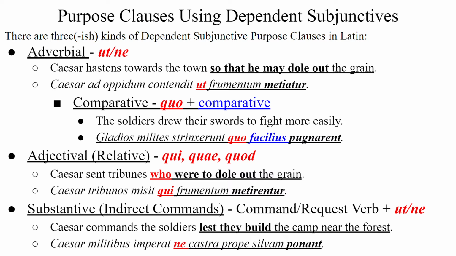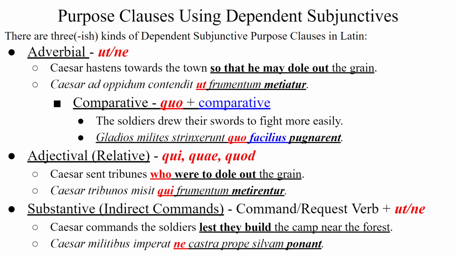So they follow the sequence of tenses. So imperat, present tense, primary sequence, followed by, check it out guys, ponant, the present subjunctive. It works. It's magic. Then if we had imperavit, changing imperat the present to the perfect tense and kicking us into secondary sequence, then ponant, the present subjunctive, would turn into, wait for it, good job, the imperfect subjunctive, ponerent.